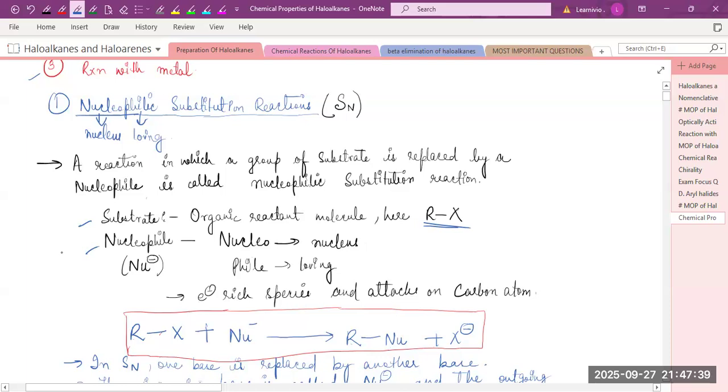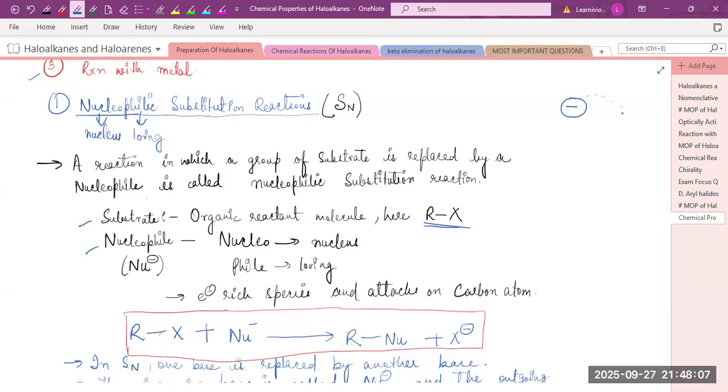Okay, and they are electron rich, because you know nucleophiles are those which have electrons. That group or that molecule which is electron rich will try to attract the positively charged body, means nucleus.